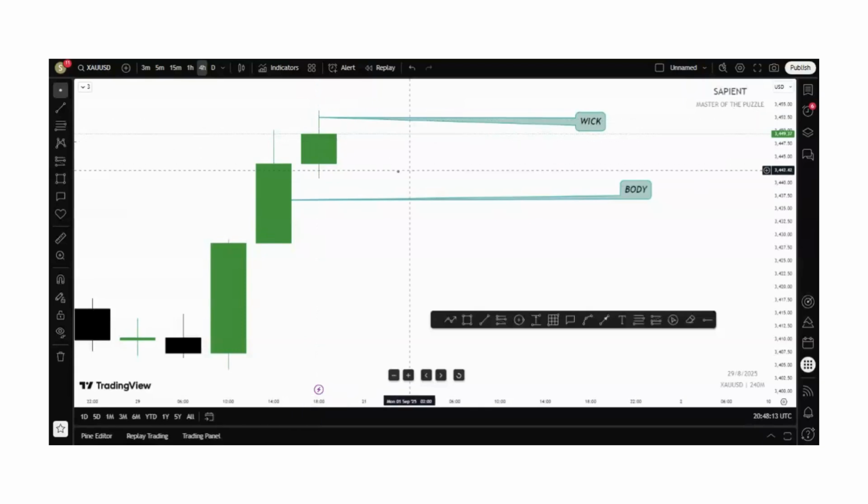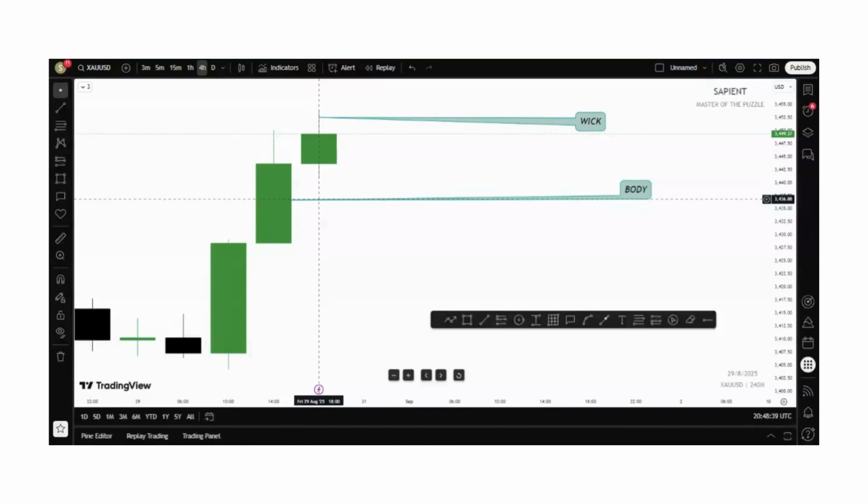So what we have been saying since morning, the body: what we label body applies to both buyer candle and seller candle. Wick also applies to both. You can label the wick on the buyer candle as well as on the seller's candle too.